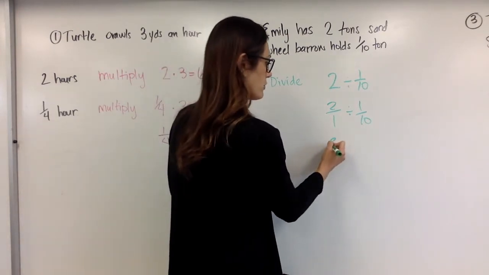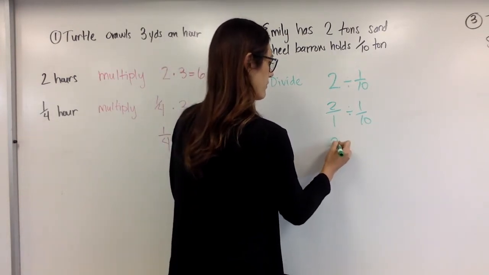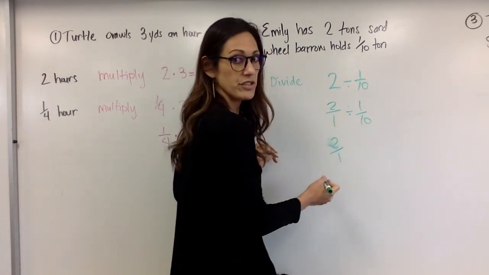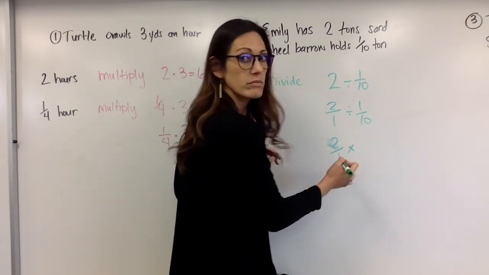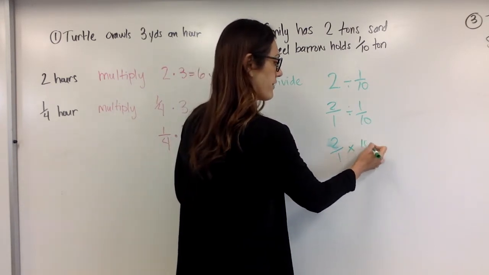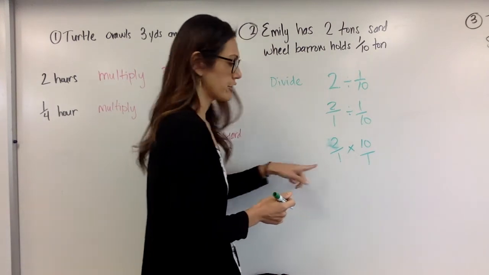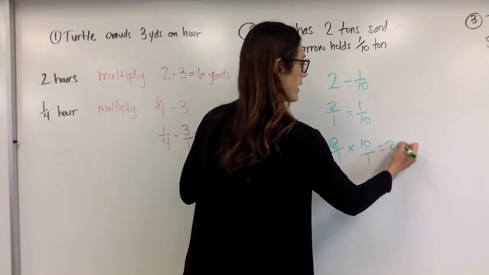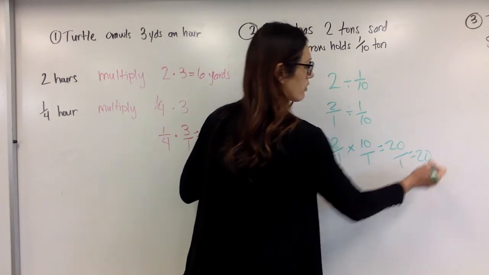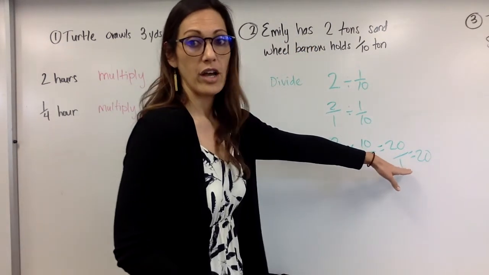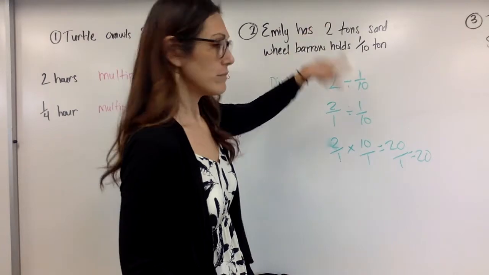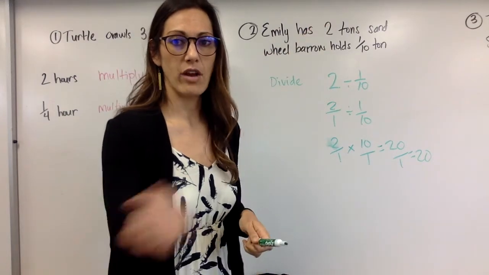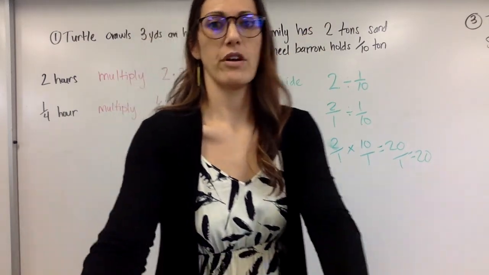So I'm going to keep the first one, change, divide to multiply, and find the reciprocal of the second fraction. Keep, change, flip. So I would have 20 over 1, which would just equal 20. So it would take Emily 20 trips to move all the 2 tons of sand to the garden.